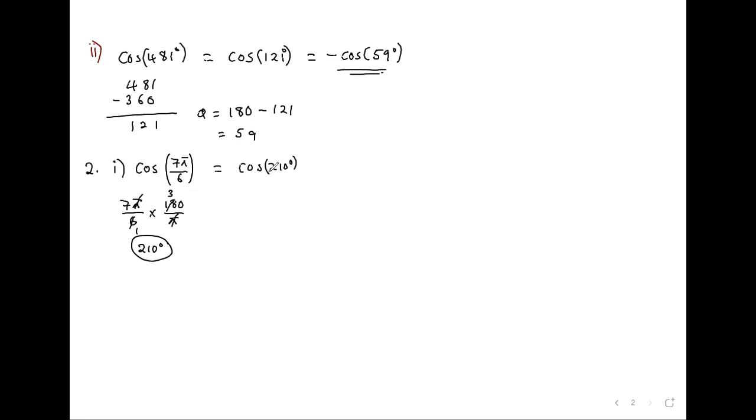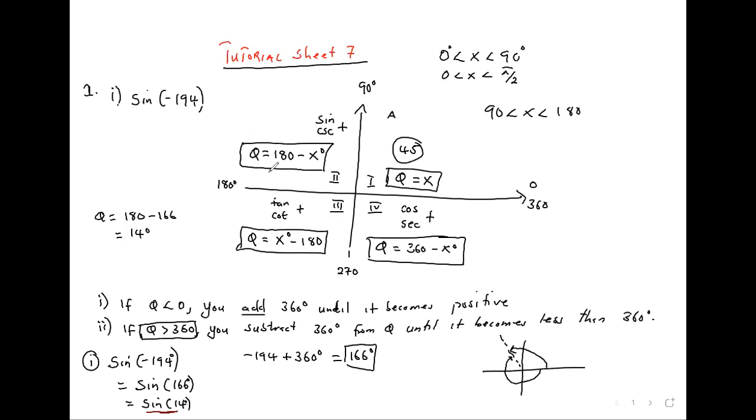So what is the value of cos 210? Now 210 is not a special angle. Maybe its reference angle will be a special angle. So let's look at the quadrant where 210 falls. 210 lies in the third quadrant. And to look for a reference angle in the third quadrant, what do we do? You look for theta by subtracting 180 from x.